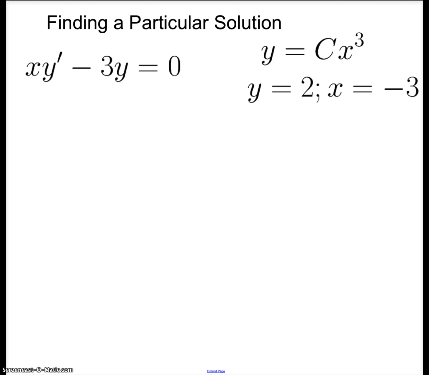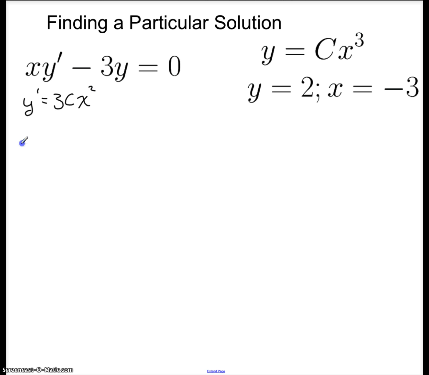All right, suppose I now want to find a particular solution to this differential equation, and I'm going to tell you that y equals c x cubed is a solution. I'm going to show you how you can find these solutions later, but for right now, the first thing we need to do, I have x, I have y, so I need y prime. So y prime is 3c x squared.